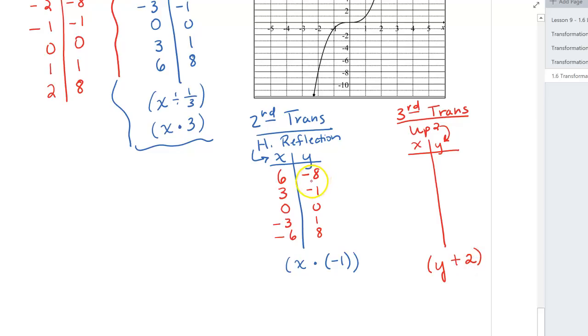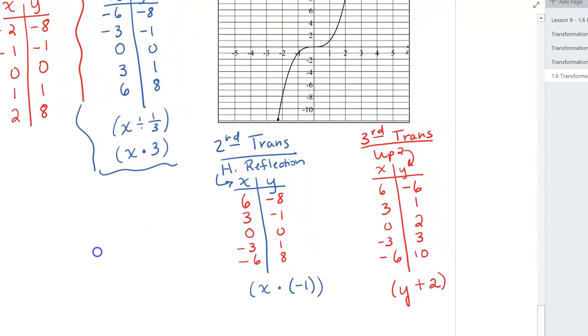So negative 8 plus 2 is negative 6. Negative 1 plus 2 would give me 1. 0 plus 2 will give me 2. 1 plus 2 will give me 3. And 8 plus 2 will give me 10. Then I'll bring over my x values, 6, 3, 0, negative 3, and negative 6. So that's the last transformation.